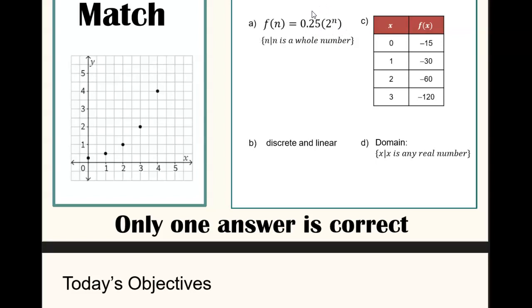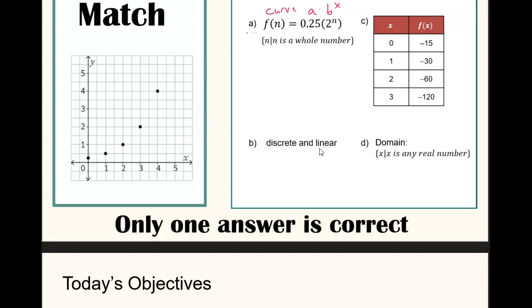Okay, so we recognize this form as a times b to the x. That's an exponential. We would expect that to be a curve, and it is a curve, so that matches. They've also told us that the domain is n, is a whole number. Let's see, 0 is a whole number, 1's a whole number, 2. Okay, so that seems to match so far. We'll leave that one open, see if it works.